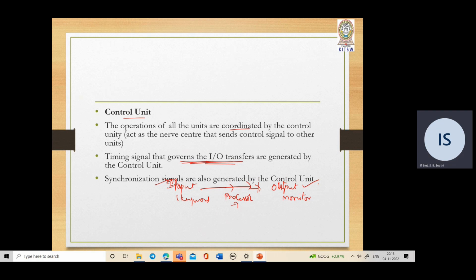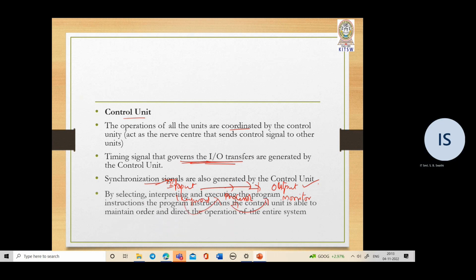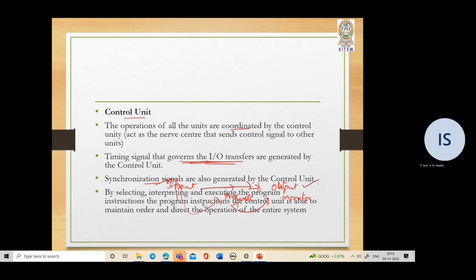For this, synchronization signals are generated, which help control move from one module to another. With the help of this, the control unit is able to maintain order and direct the operation of the entire system.